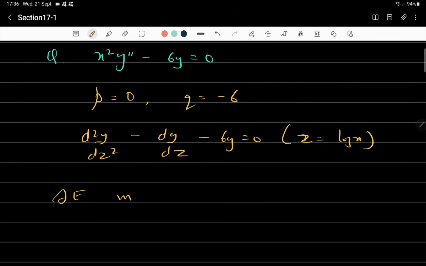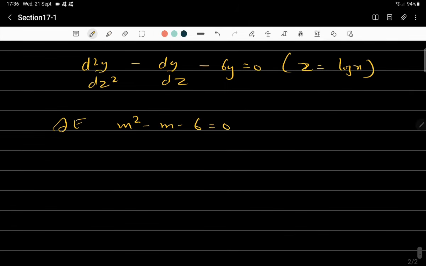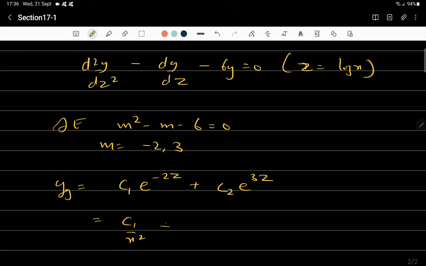Now the auxiliary equation is m square minus m minus 6 is equal to 0. If you solve it, then the roots come out to be minus 2 comma 3, which means y general is c1 e raised to the power minus 2z plus c2 e raised to the power 3z, which is c1 by x square plus c2 x cube when you substitute z is equal to log x.